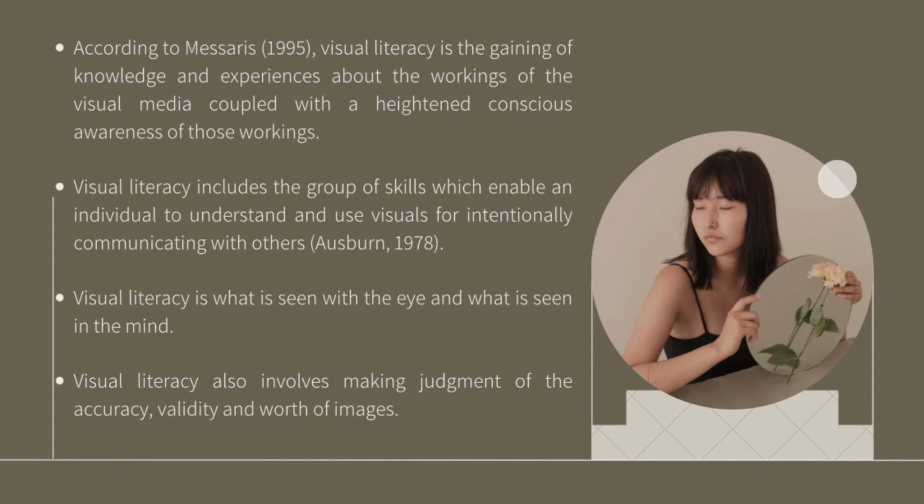It involves developing the set of skills needed to be able to interpret the content of visual images, examine the social impact of those images, and discuss purpose, audience, and ownership. It includes the ability to visualize internally, communicate visually, and read and interpret visual images. And lastly, visual literacy also involves making judgment of the accuracy, validity, and worth of images.